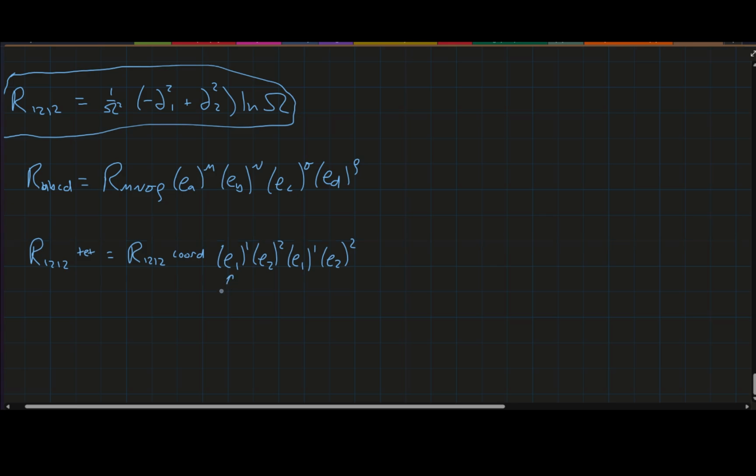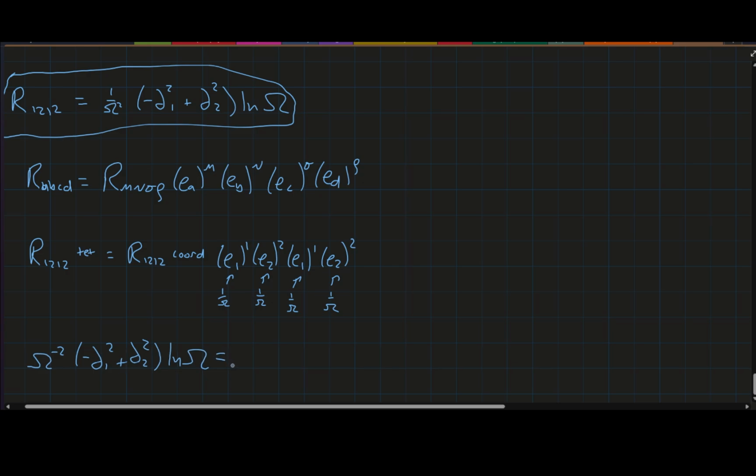So each of these is going to give a 1 over omega. So at the end of the day, what we get on the left-hand side is omega to the minus 2 times minus del 1 squared plus del 2 squared ln omega.